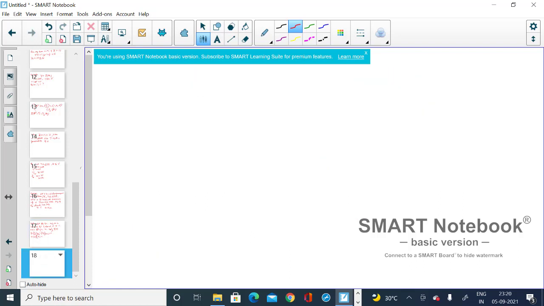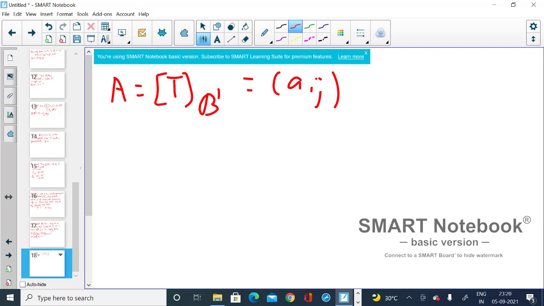So the matrix representation of T with respect to the basis B dash, let us say this matrix is A, of the form a_ij. Then you know that T(vj) equals the summation of a_ij times vi, where i is running from 1 to n, right?